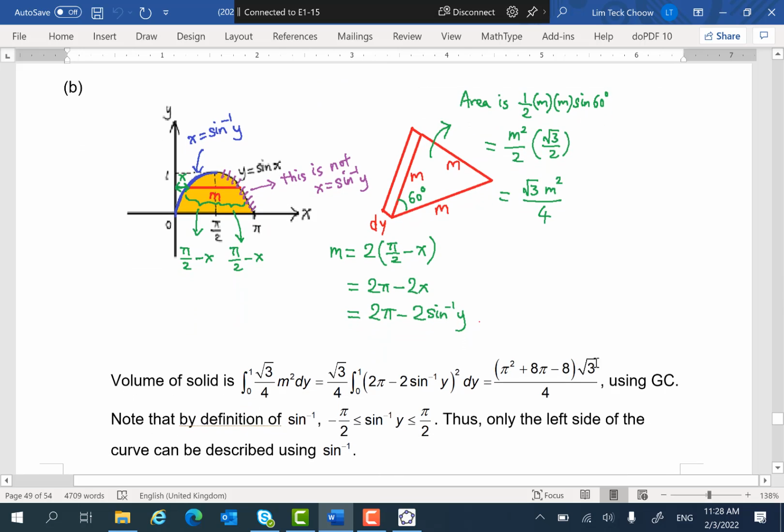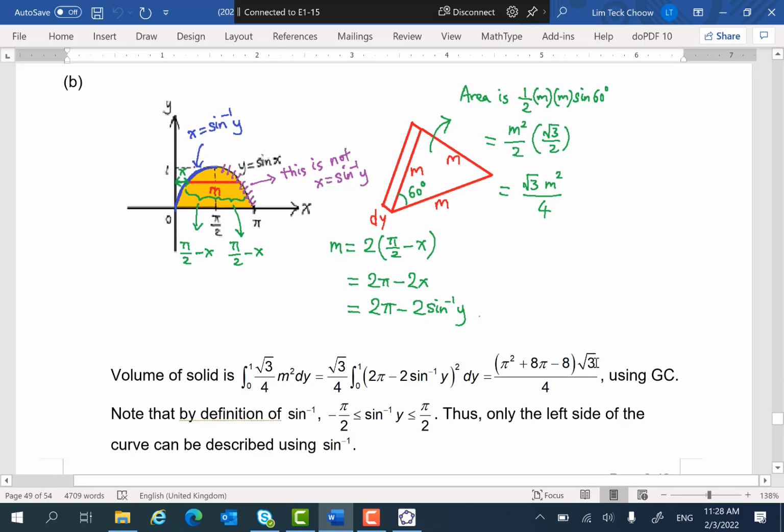And your m turns out to be like this because you have done some calculation here. This area is in terms of m, but between m and the variable y, the relationship is like that.